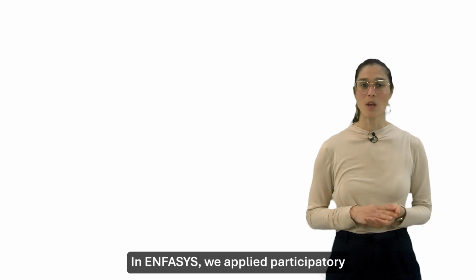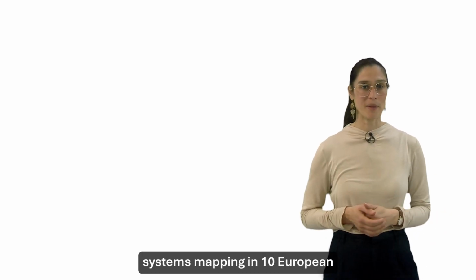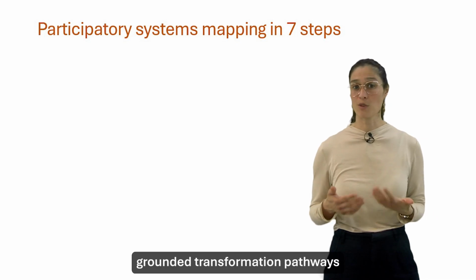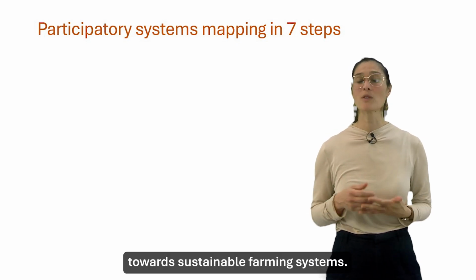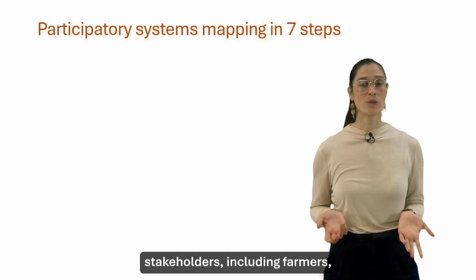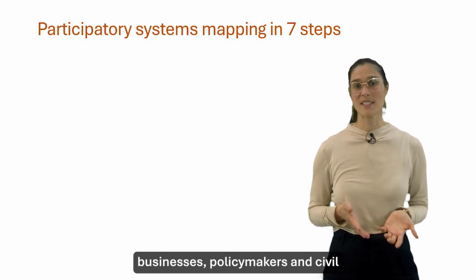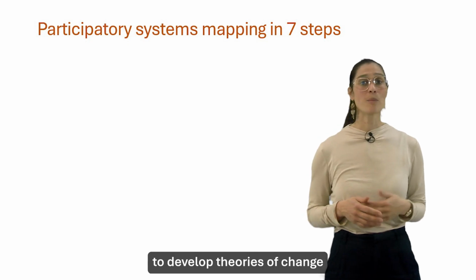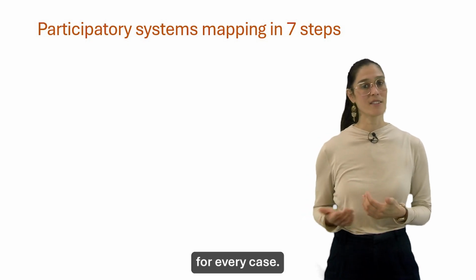In ENPhasis, we applied participatory systems mapping in 10 European case studies to determine locally grounded transformation pathways towards sustainable farming systems. We worked with diverse stakeholders, including farmers, businesses, policymakers, and civil society organizations, to develop theories of change for every case.